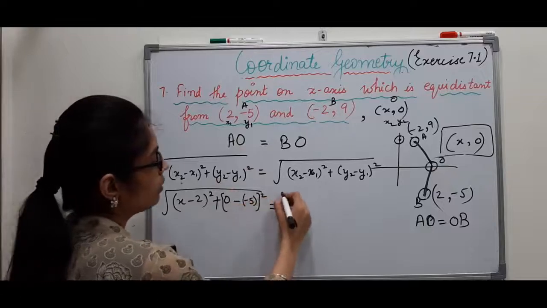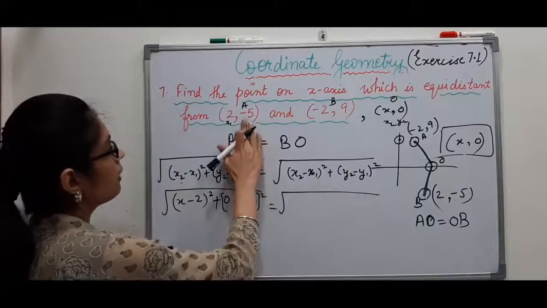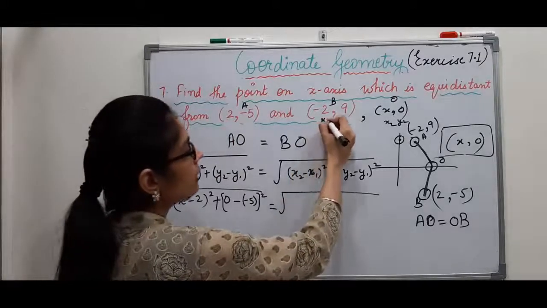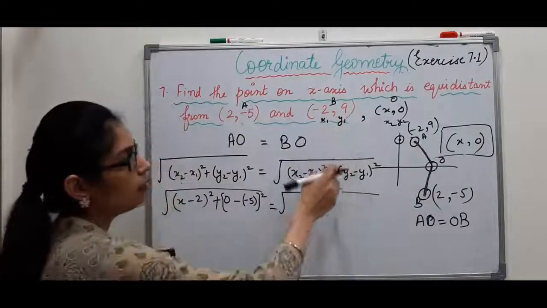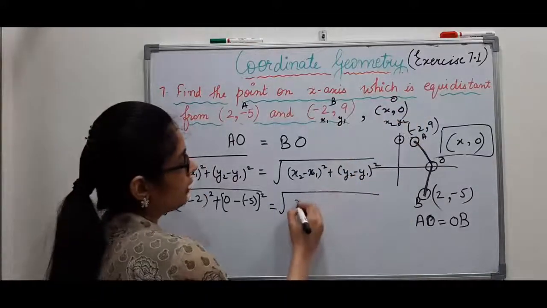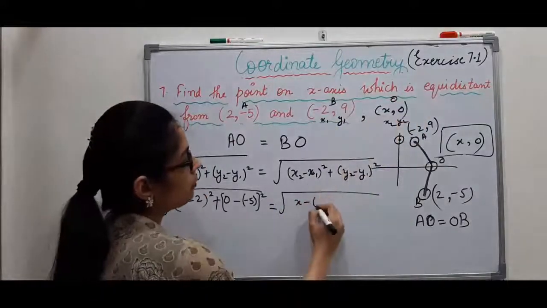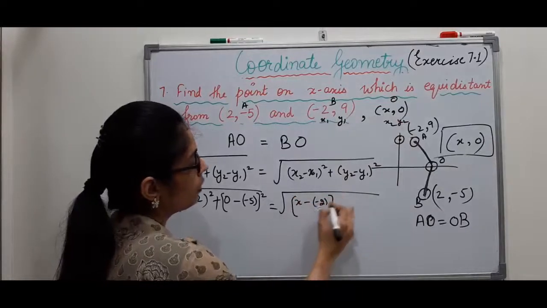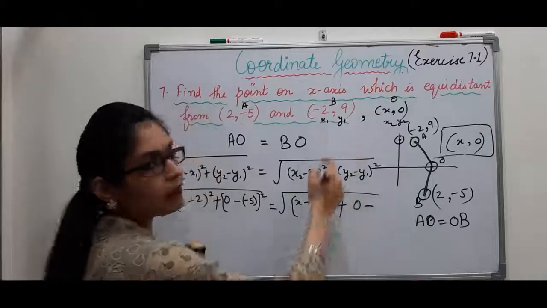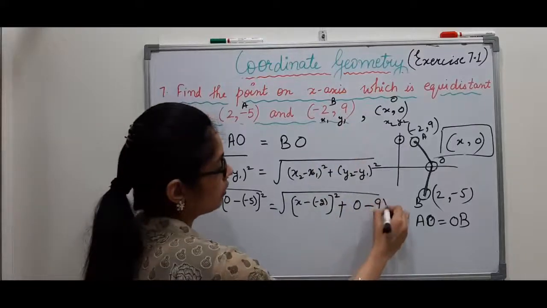Now let's write the values when we are finding the distance between BO. So in this case x1, y1 is at B and x2, y2 will remain same. So x2 it is x minus x1 it is minus 2 whole square plus y2 which is 0 minus y1 which is 9.